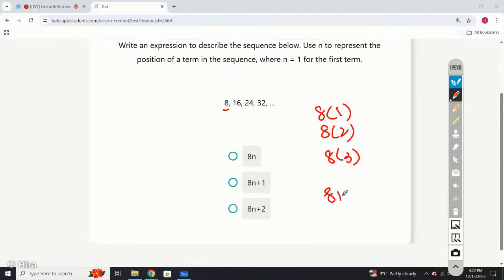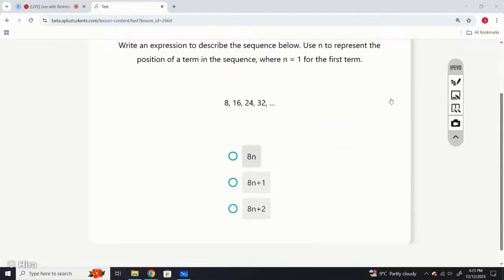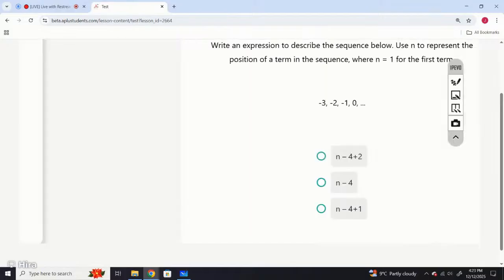So that means it is 8n, and option number 1 is the correct option.